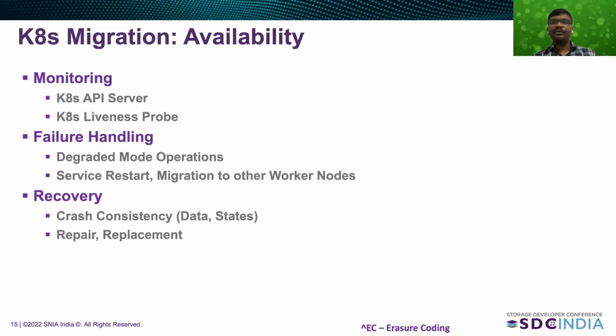It is recommended to design a stateless system so that services can be crash consistent and can be migrated to other Kubernetes worker nodes. You can also implement recovery mechanisms to recover data or application state when a failure is resolved.